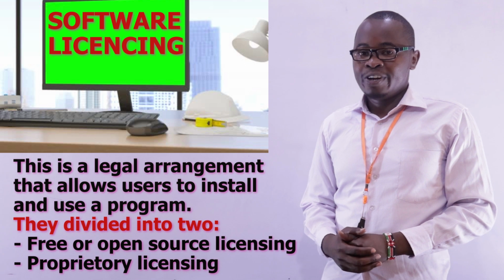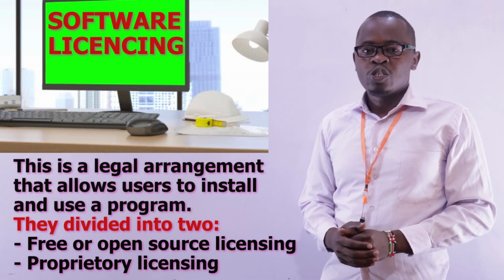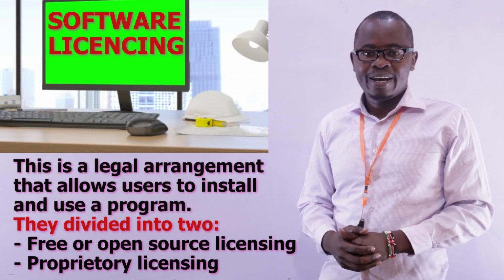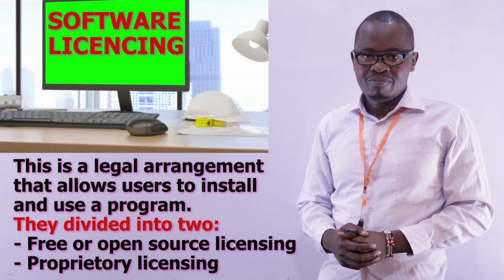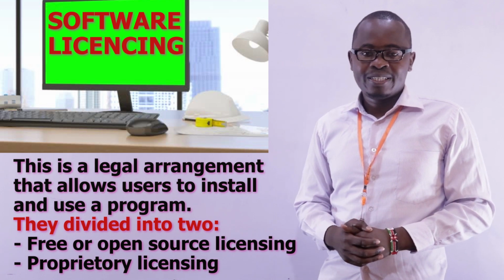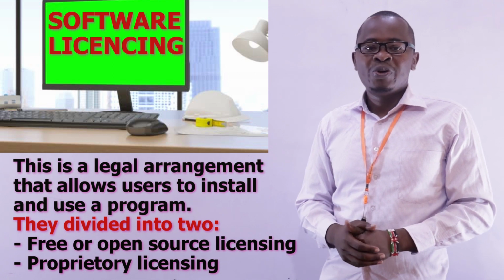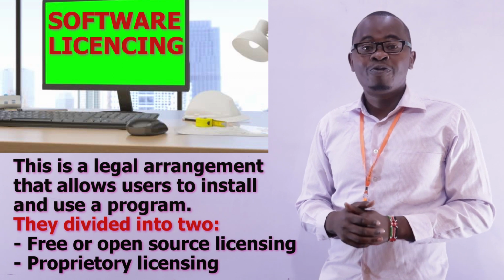When you're talking about free license, we are referring to a situation where a user is given the right to modify, study, or distribute the program. And the owner of the software itself, or the software developers, are able to distribute this software for a fee or free of charge.